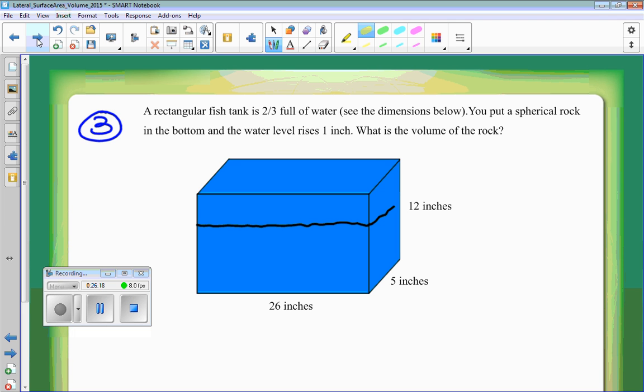I put a rock in the bottom of the tank, because you know fish like rocks. It's a perfect sphere, because you know my life has to be just so zen. Can't be free form or anything. Perfect sphere rock. And the water level rose 1 inch. I want you to find the volume of the rock.